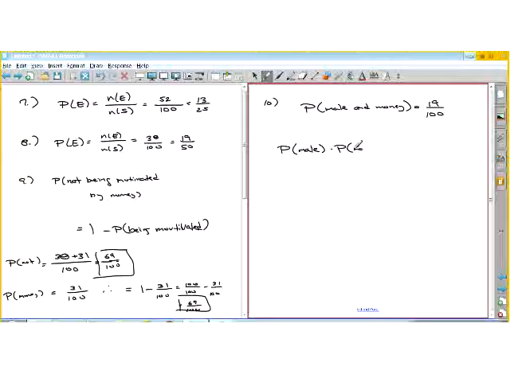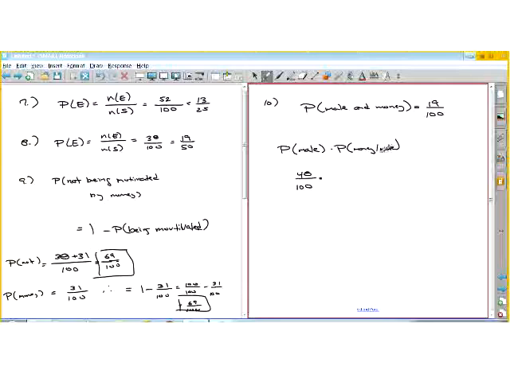The probability of being a male first, and then the probability of being interested in money given that you are a male. So that's the conditional probability part. The first is we start with everybody, so the probability of being a male is 48 divided by 100.